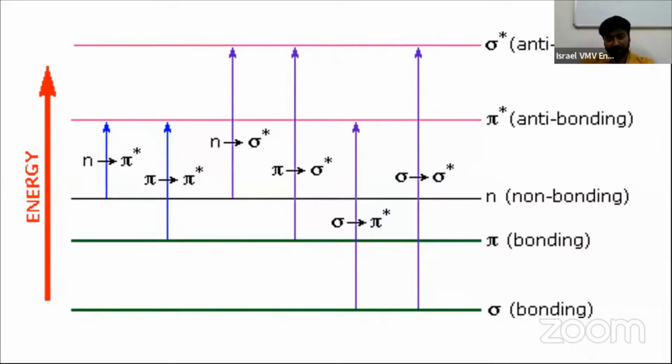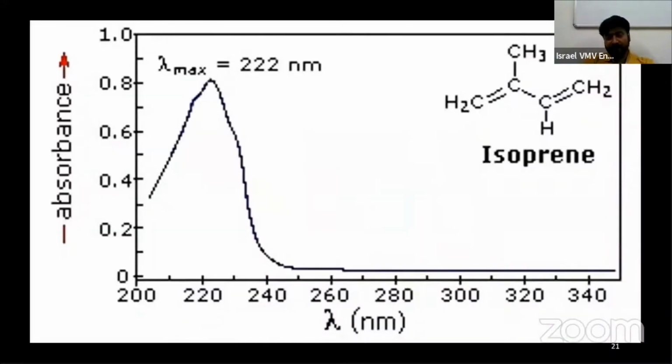The energy of absorption in the case of pi to pi star transition is smaller than the sigma to sigma star transition. So in molecules where pi bonds are there, absorption occurs at a smaller energy, meaning longer wavelength. And what you see here is absorption at 220 nanometer.